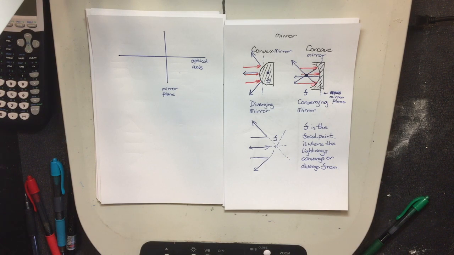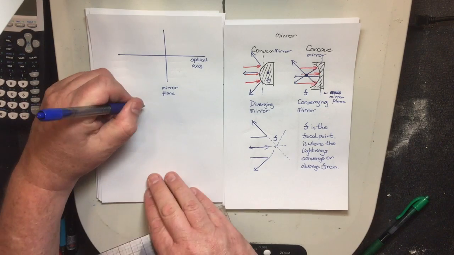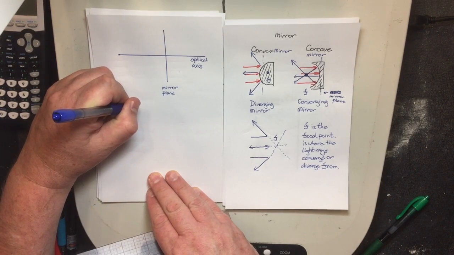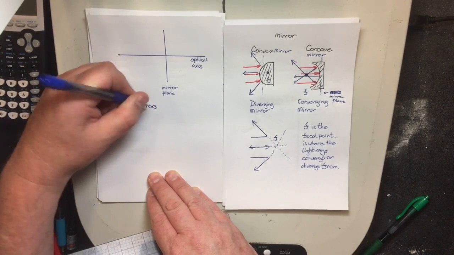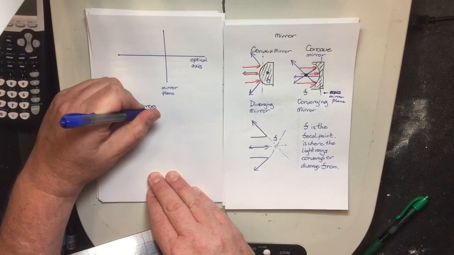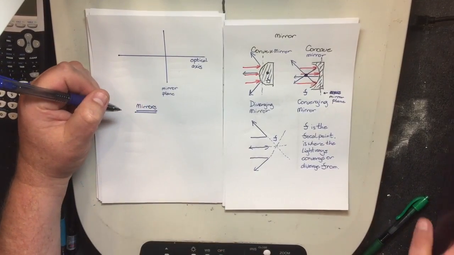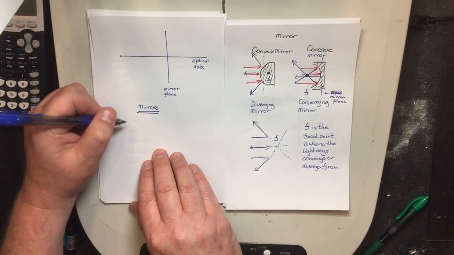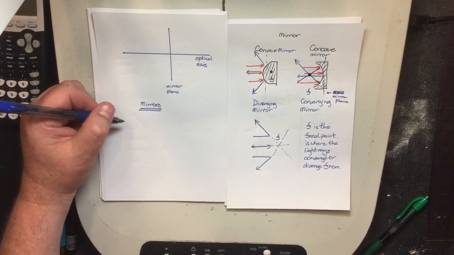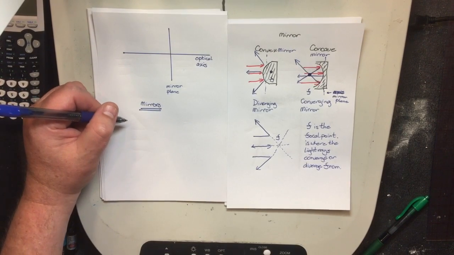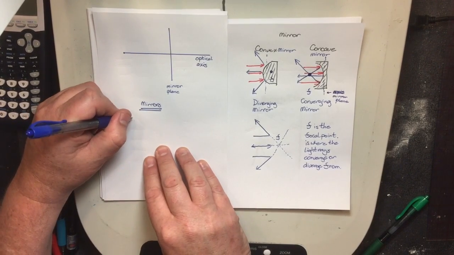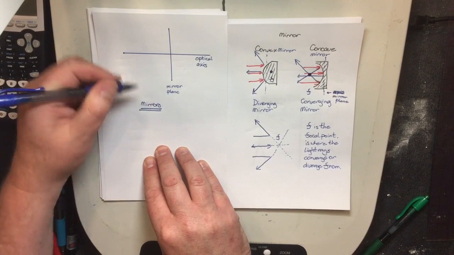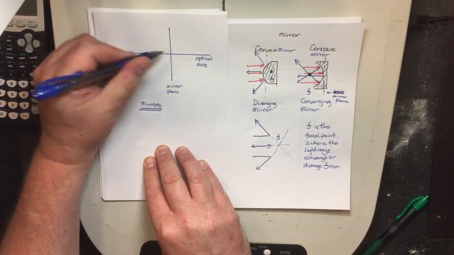A couple of things that we need to have understood. For a mirror, in the way that we're doing now, if I was allowed to be a little bit more advanced, I would say you could put the object anywhere. But mirrors, we're always going to have the mirror reflect to the left.